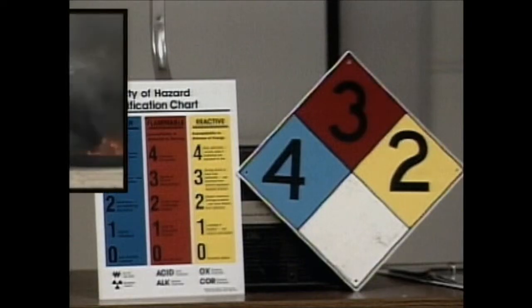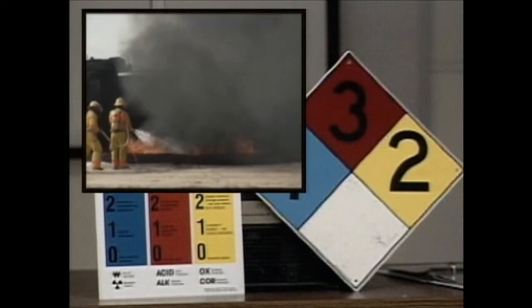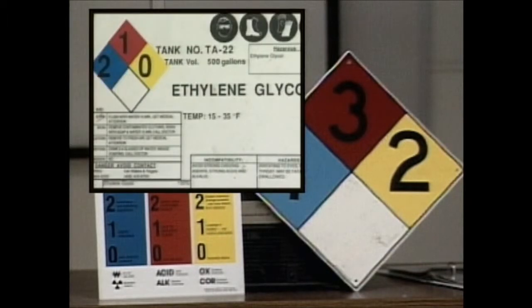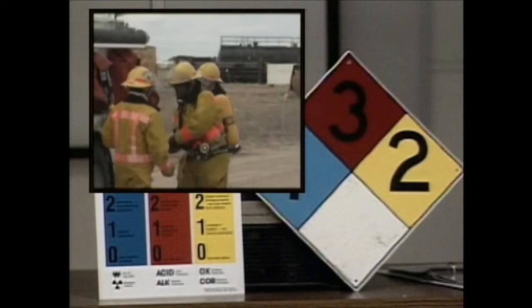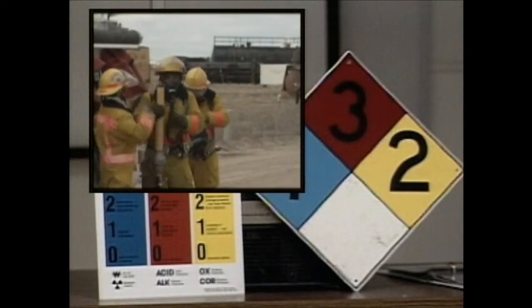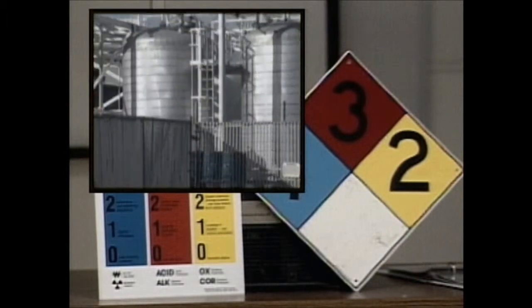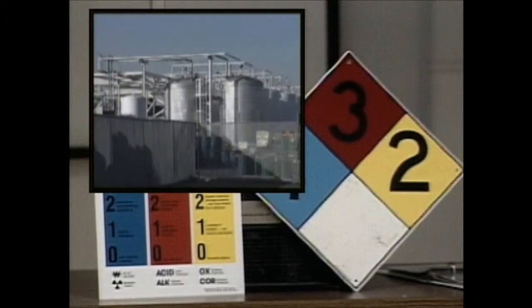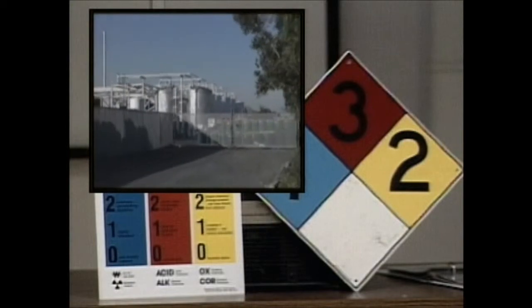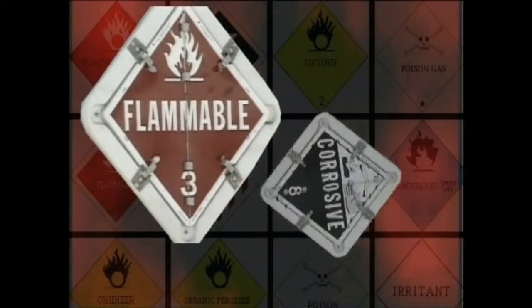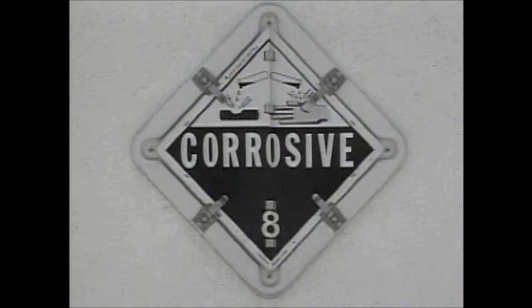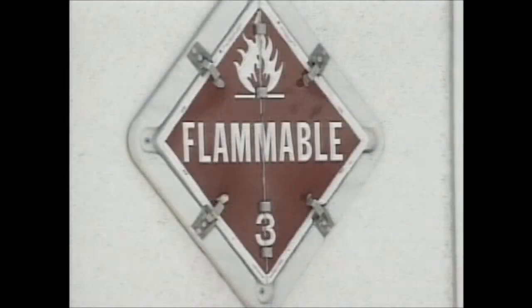The NFPA diamond is used primarily by emergency response personnel and does not adequately signal occupational hazards. The NFPA system is good for alerting personnel to the degree of hazard of the chemical and is helpful in drawing attention to storage needs and emergency equipment requirements. The DOT, or Department of Transportation labeling system, uses a color-coded diamond where there is a symbol and a term describing the major hazard of the material.